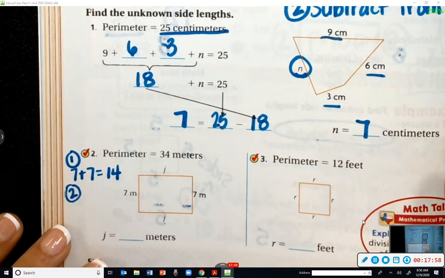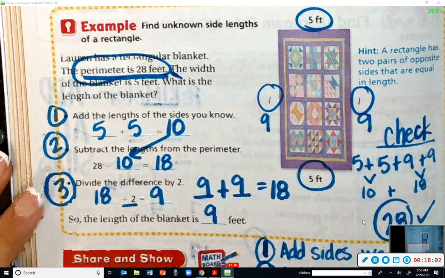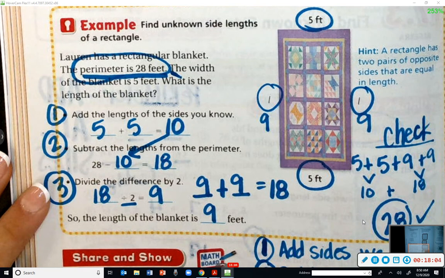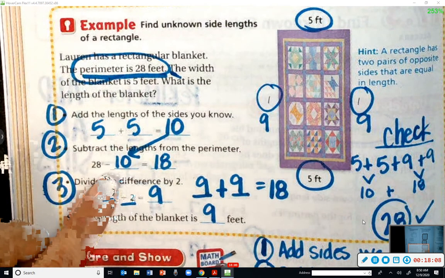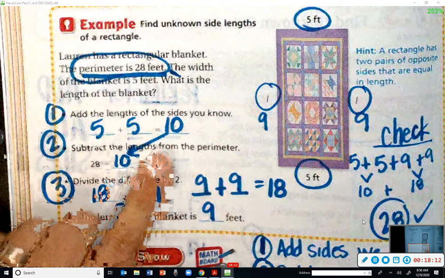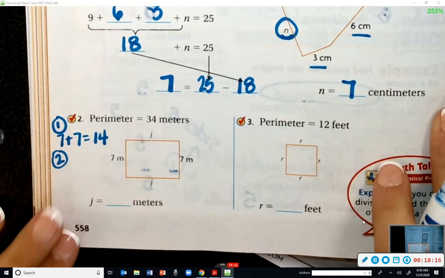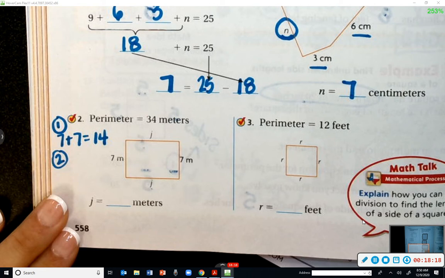If we look back at the top, what did we do second? We subtract 28. We subtracted the perimeter and this number that we just got when we added. So on this one, what would I subtract? Aaliyah? 34 minus 14.